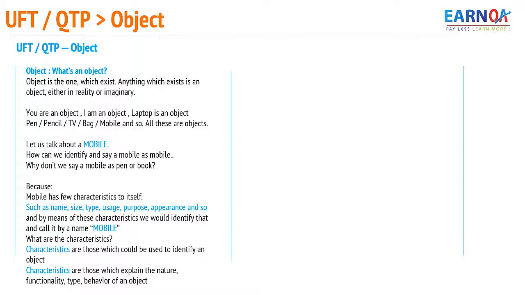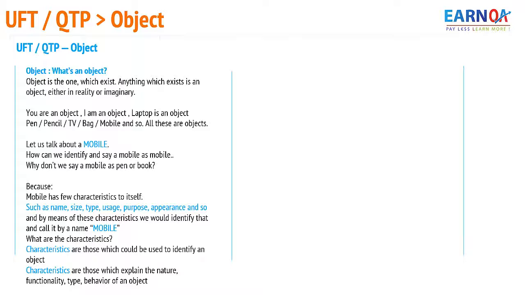Let's have a look at this slide. Anything which exists is an object, and that can be either in reality or in the imaginary. I am an object, you're an object, a laptop is an object, a mobile is an object, a mouse is an object, a speaker is an object, a table is an object. Everything which exists either in reality or in the imaginary is an object.